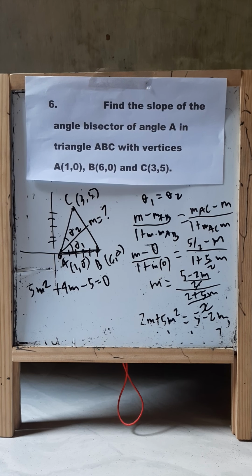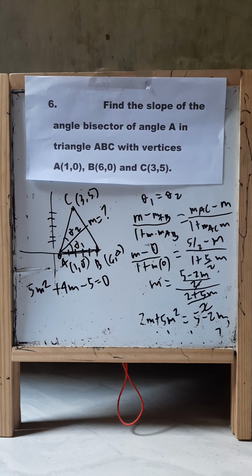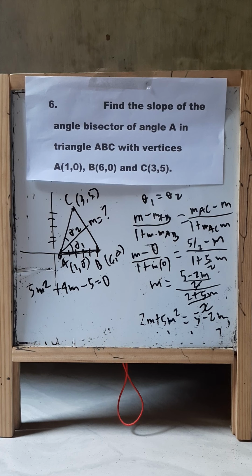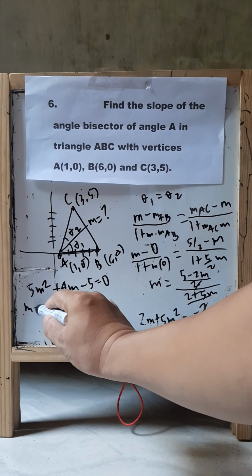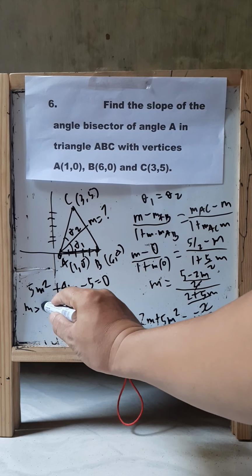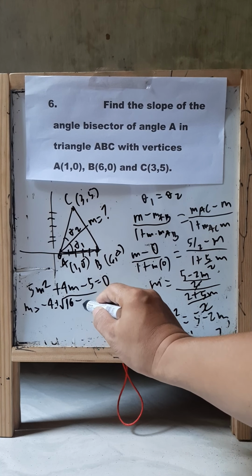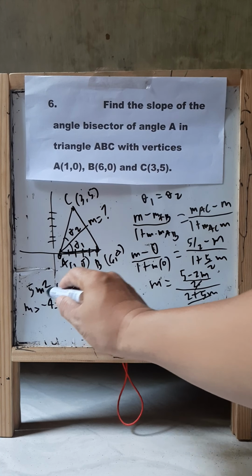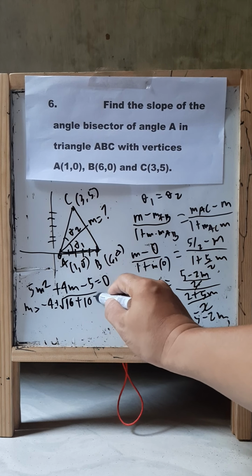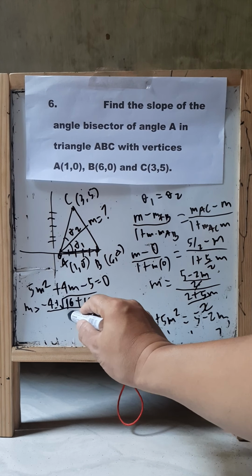So 5m squared plus 4m minus 5, let us now solve using the quadratic formula. Negative b plus and minus square root of b squared minus 4ac. So plus 5 times 5, 25 times 4 is 100, over 2 times 5 is 10.